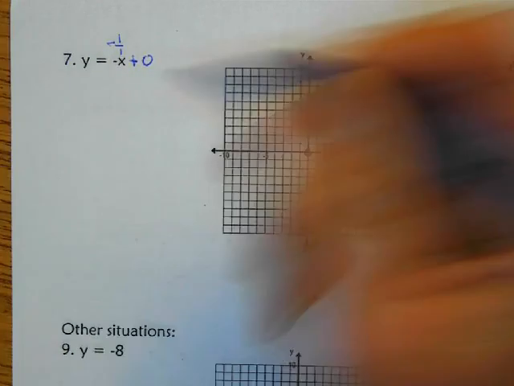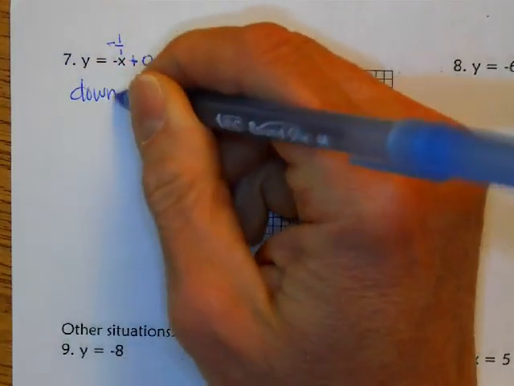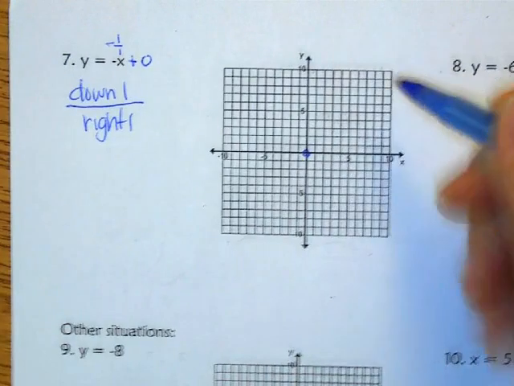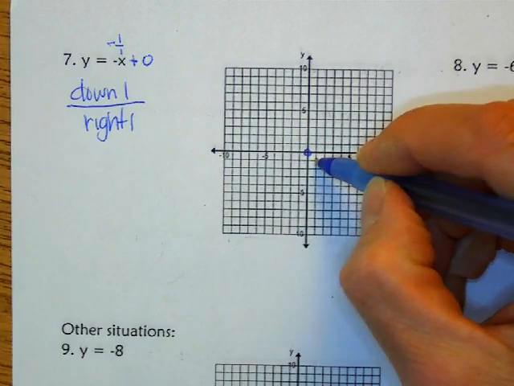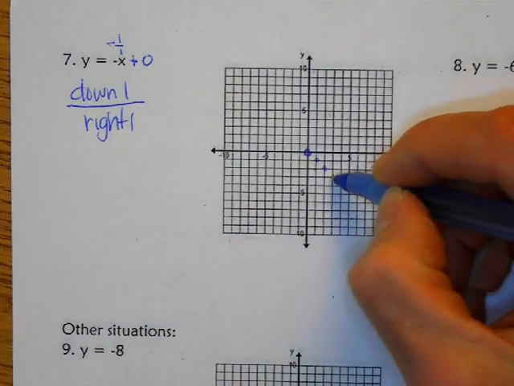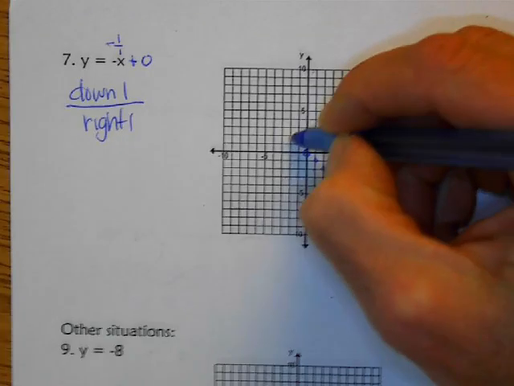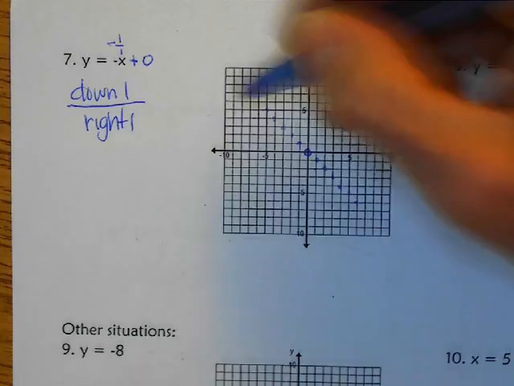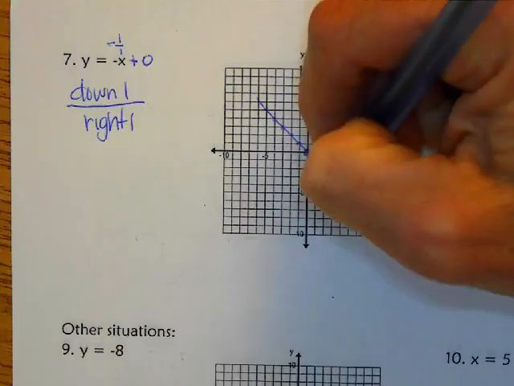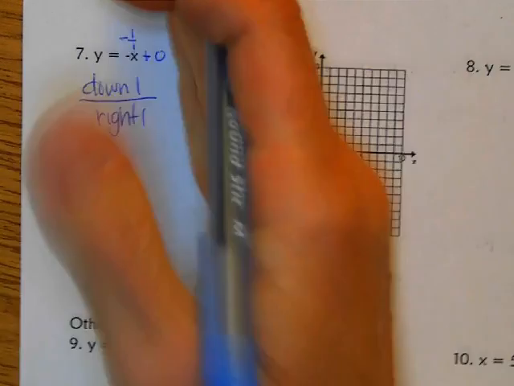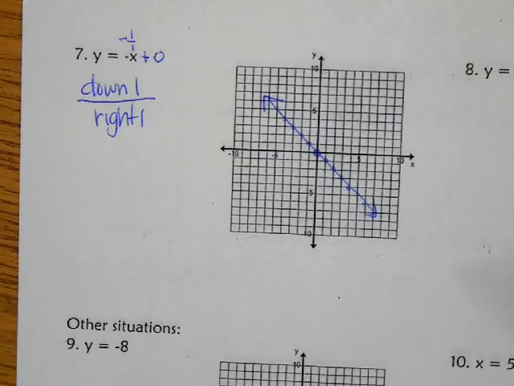And then we're going to go down 1, right 1 to get more points. Down 1 to the right, down 1 to the right. So I see that just goes from corner to corner on all those, and then we can go backwards. Negative slope means that we go down when you're looking at the graph from left to right.